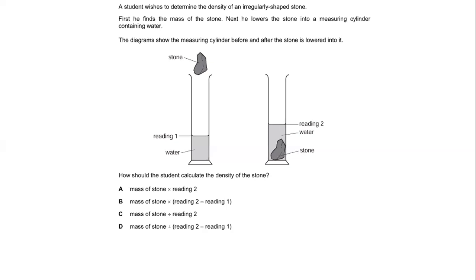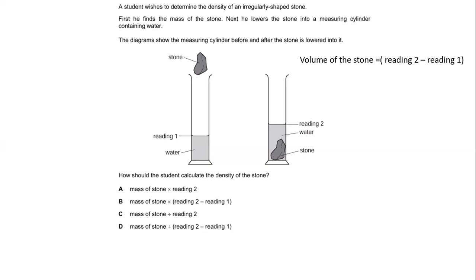This question: a student wishes to determine the density of an irregularly shaped stone. First, he finds the mass of the stone. Next, he lowers the stone into a measuring cylinder containing water. The diagrams show the measuring cylinder before and after the stone is lowered into it. You can see reading 1 before we put the stone and reading 2 after we put the stone.